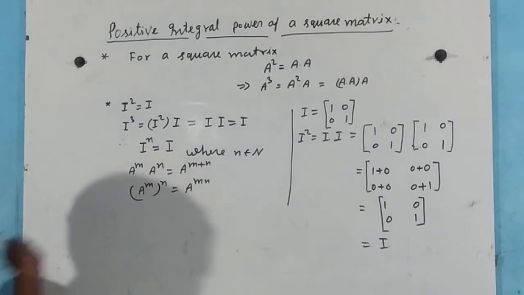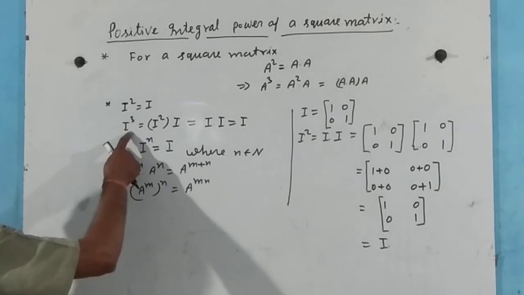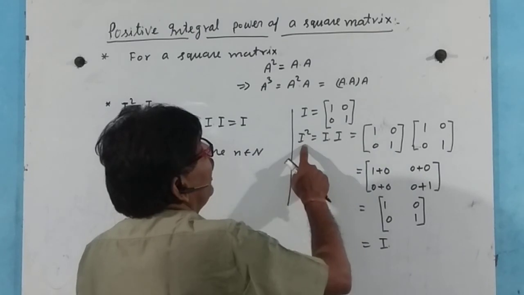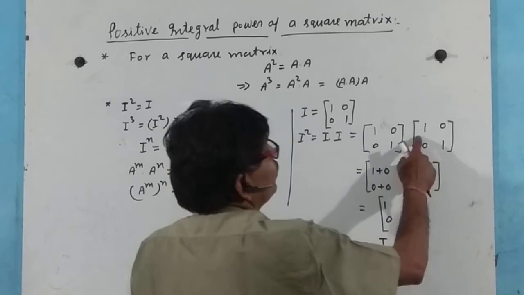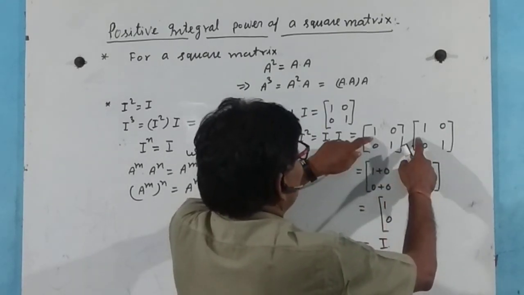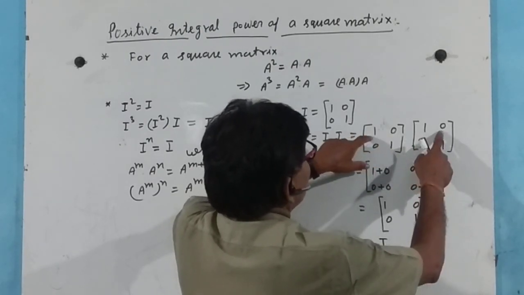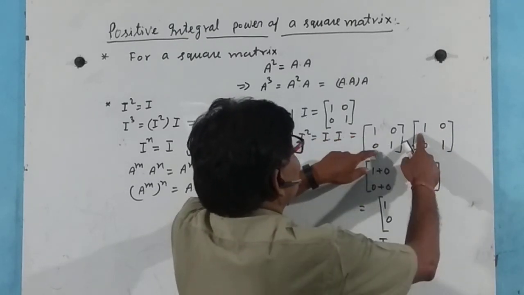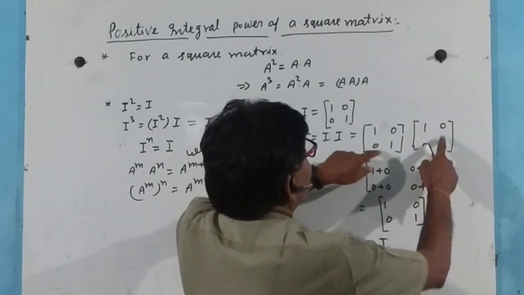Now, I square equal to I, and I cube. I equal to [1 0; 0 1], I square equal to I into I, so [1 0; 0 1] times [1 0; 0 1], row by column method. 1 into 1 plus 0 into 0, 1 into 0 plus 0 into 1, 0 into 1 plus 1 into 0, and 0 into 0 plus 1 into 1.